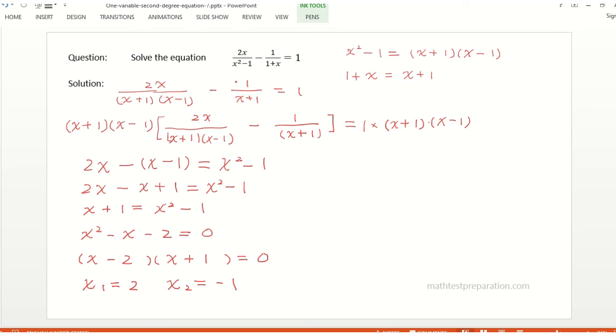Because in the given equation, the denominator has x squared subtract 1.